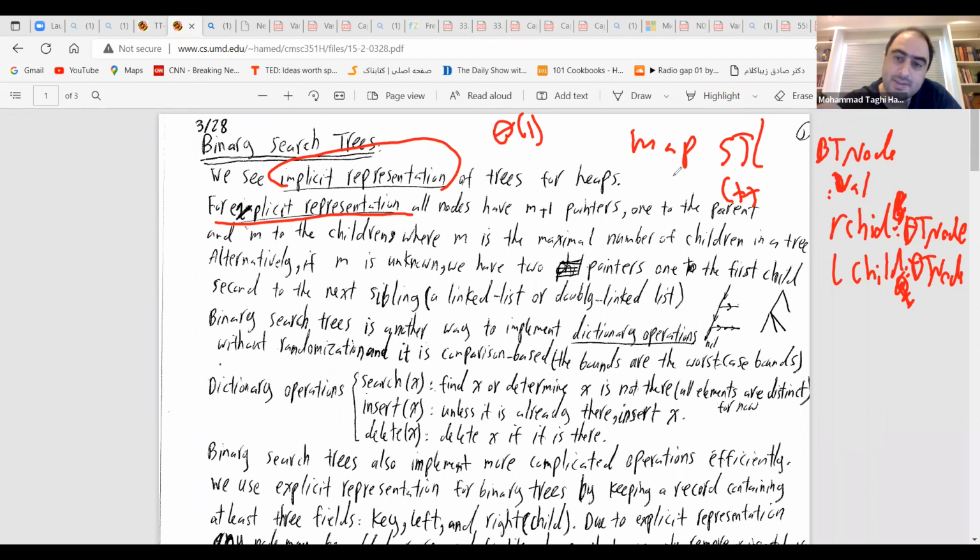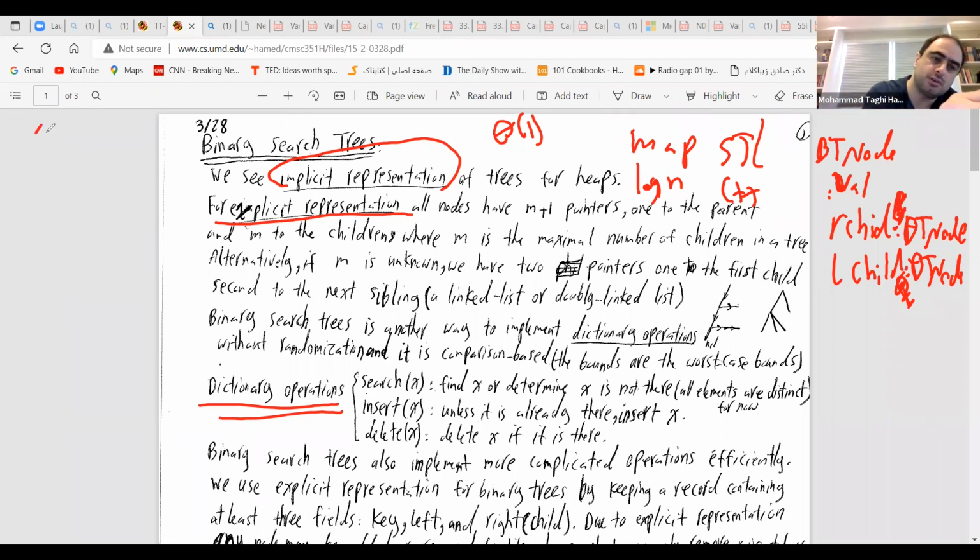But for the maps, it is guaranteed that these are log n. In that sense, one good thing about the binary search trees is that these dictionary operations are supported by maps in STL, or in general by binary search trees.